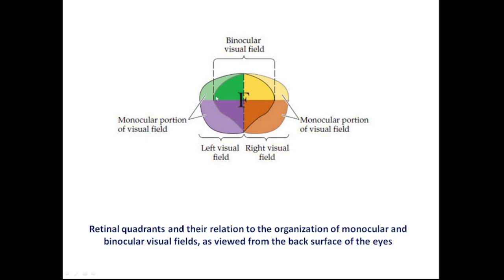This is the visual field of the left eye, this one is the visual field of the right eye, and they are superimposed in this particular region. This is called the binocular field of vision, and the peripheral part is the monocular field of vision.